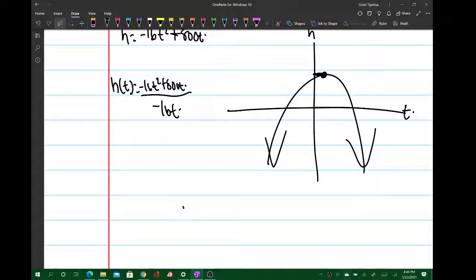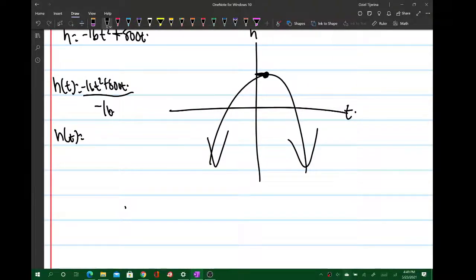But this one, you would say h of t is equal to t squared. Or no, give me 1 second, guys. My bad, it would not be negative 16t. It would be negative 16, because you want to make sure that it's very simplified.